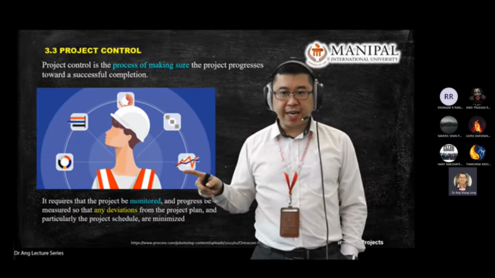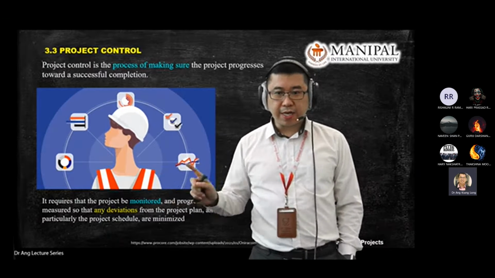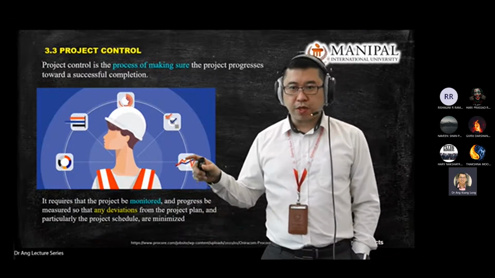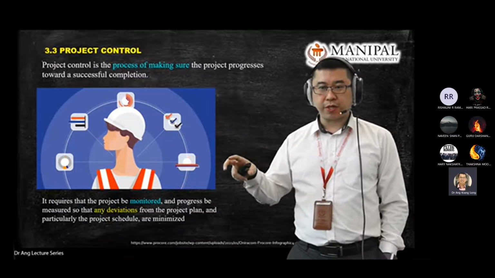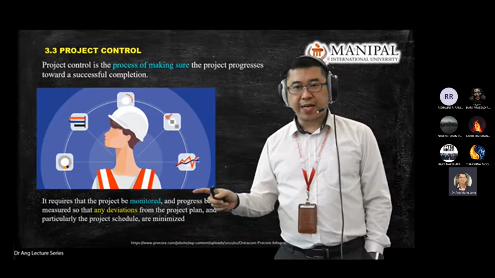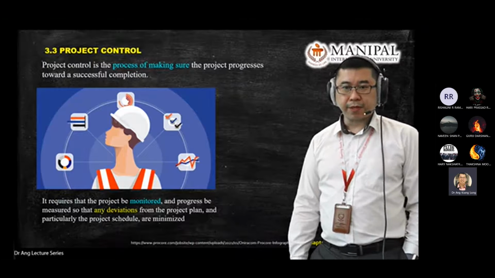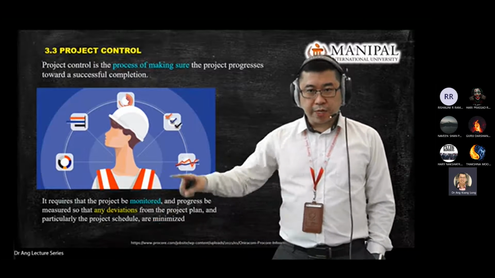If any delay inside the projects, you need to rectify, you need to make sure it does not affect the final completion time. Okay, so this is during the control.